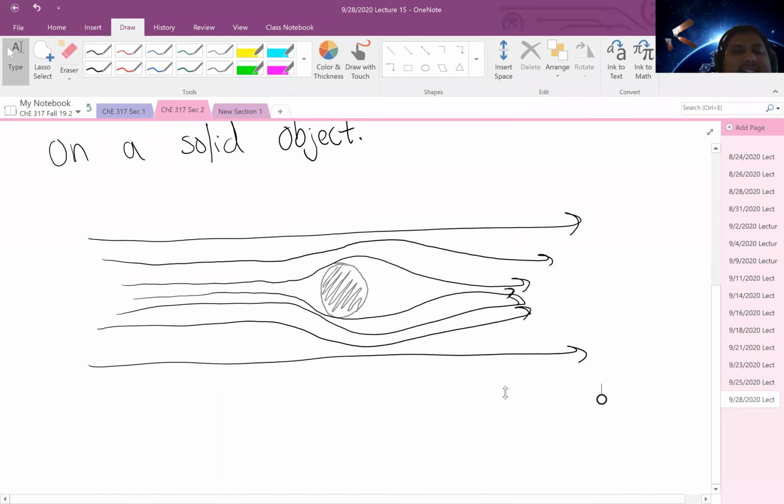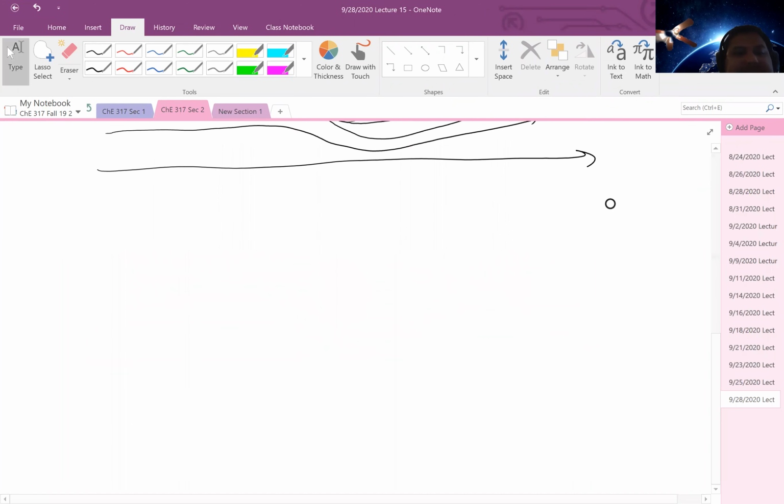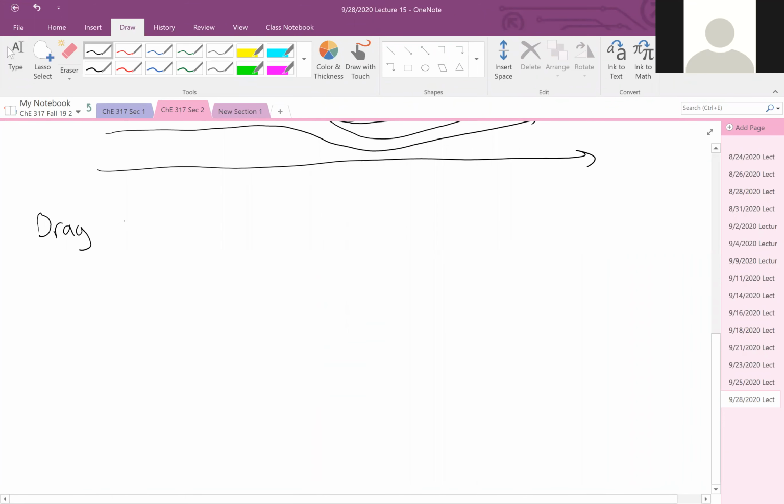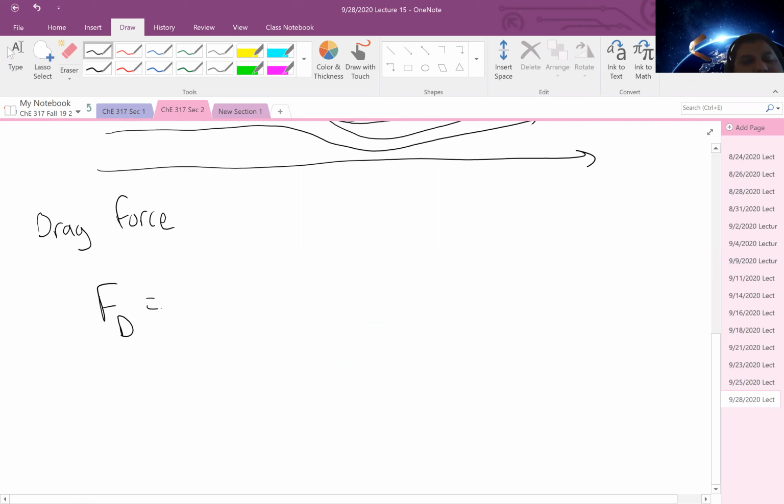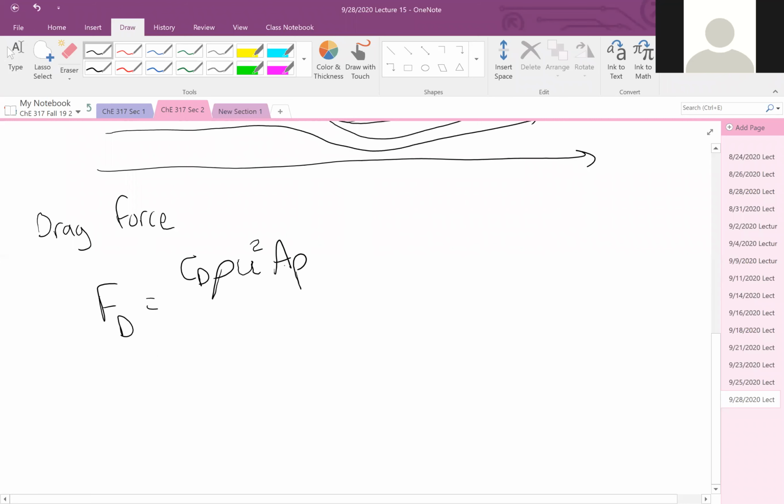And we can quantify drag force using the following expression. F sub d, which stands for drag force, is equal to C sub d, which is our coefficient of drag, or drag coefficient, times the fluid density, times the fluid velocity squared, times A sub p, which I'll talk about here in a second, divided by 2.